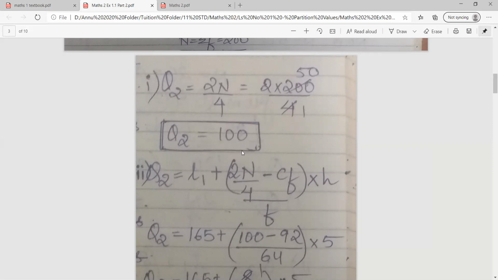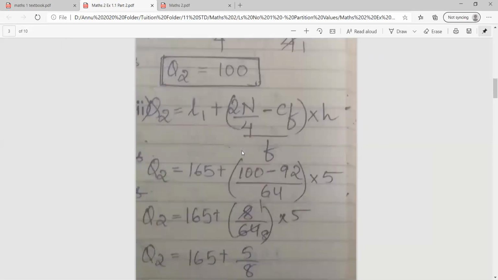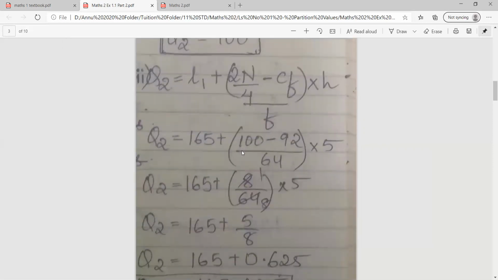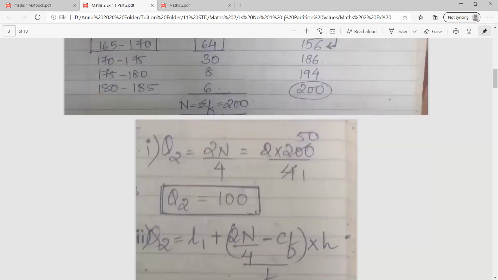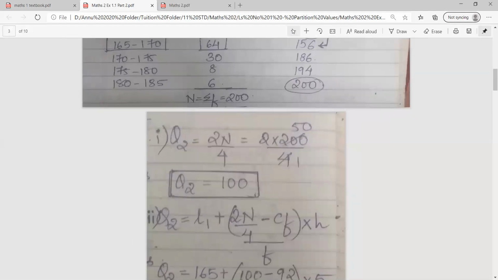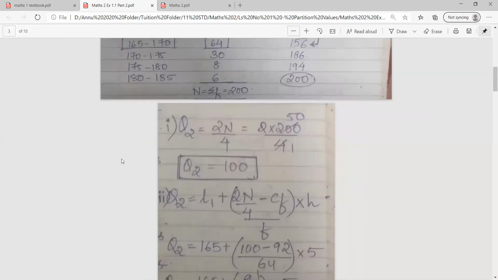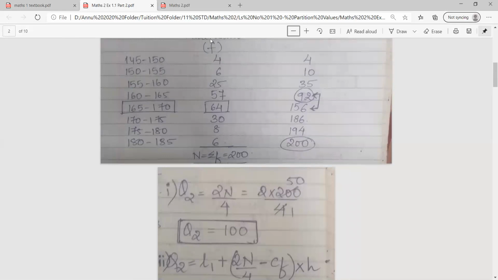Now we'll put the badu formula of Q2: Q2 is equal to L1 plus (2n upon 4 minus CF) upon F into H. So class, this chotu formula has some utilization. We have not solved it just for time pass, correct? Now we got the value of 100. What does 100 mean? This particular 100 will lie between two values in your cumulative frequency column.